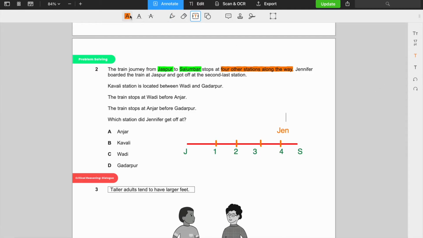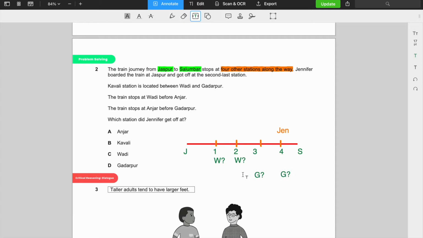Like, where are the possible locations? Well, if you think logically, we have Jasper and Salumba there. So if Cavally is between Wadi and Gadapul, then Wadi could be here, or Wadi could be here, right? Because then it could be Wadi, Cavally, Gadapul, or Wadi, Cavally, Gadapul. And then Gadapul could either be here or here.